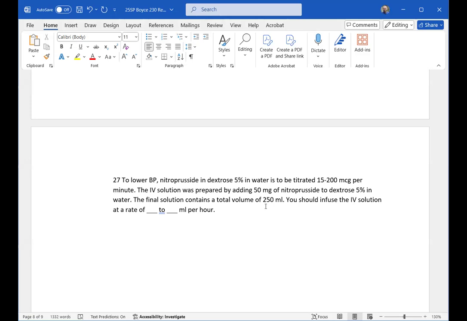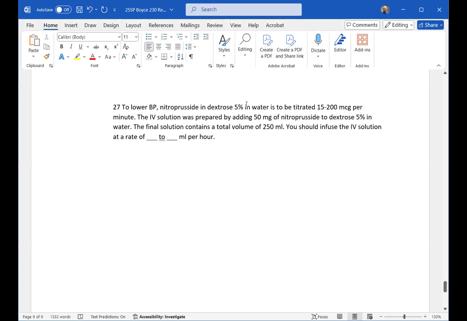So saying that, we're going to do a similar thing here, and this involves a couple of different steps, and it's a good one to end on. So the question is, we have a medication here that is going to be titrated from 15 to 200 micrograms per minute. So it's got a range. The IV solution is made by adding 50 milligrams to 5% dextrose in water.